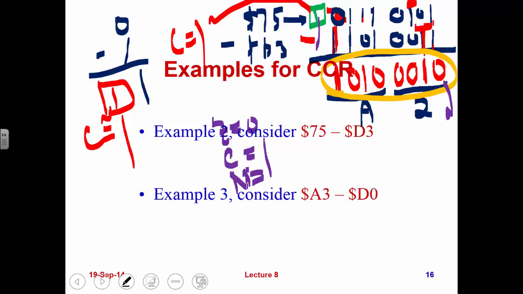So here the number is 10 10 00 10. That's definitely 1 because of the leftmost bit. Let me show this bit is 1. So that makes negative 1. Because this is 1, that means this number is a negative number. So N is 1.